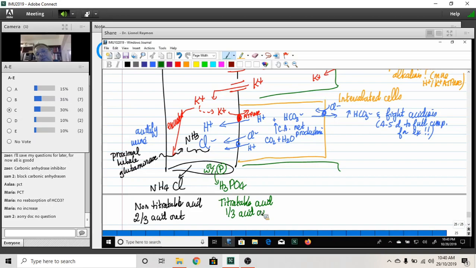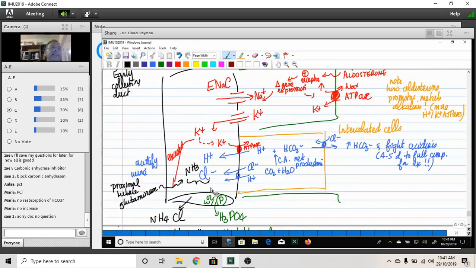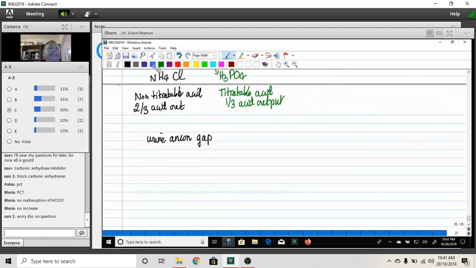Well, what is a urine anion gap? In a urine anion gap, what do I find? Well, there's going to be very little sodium. There's little sodium because 99% is reabsorbed. But rather, there's lots of potassium from aldosterone. So potassium is your main cation.